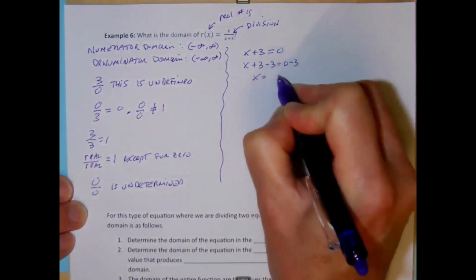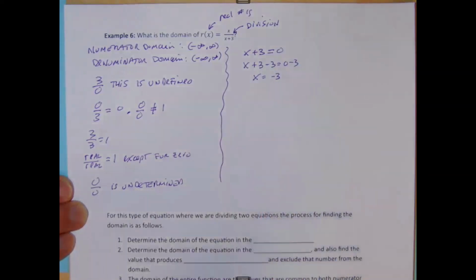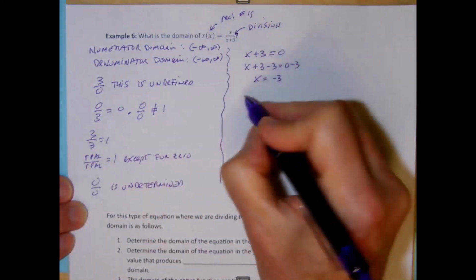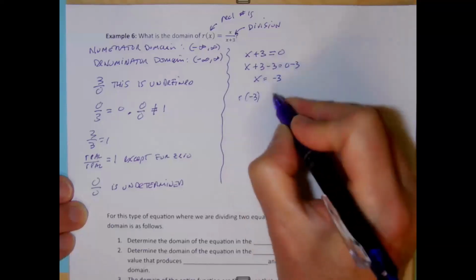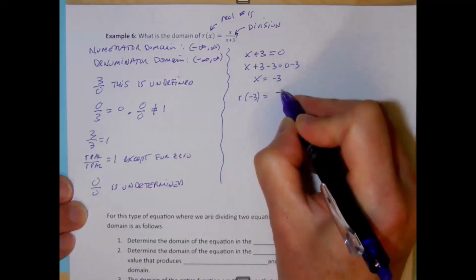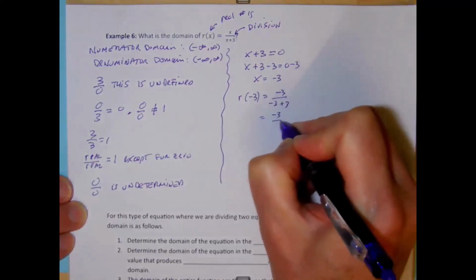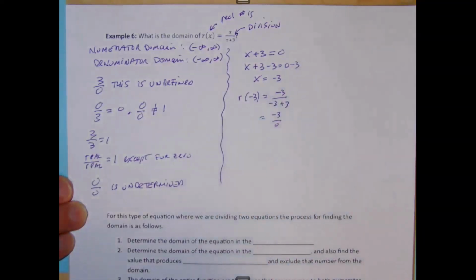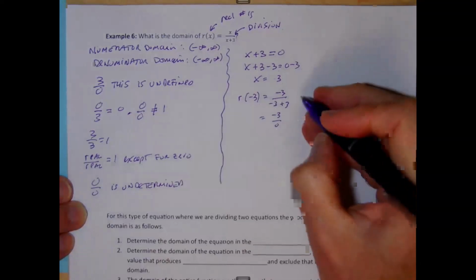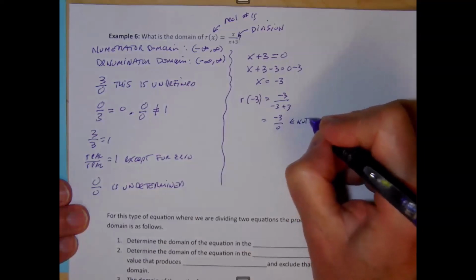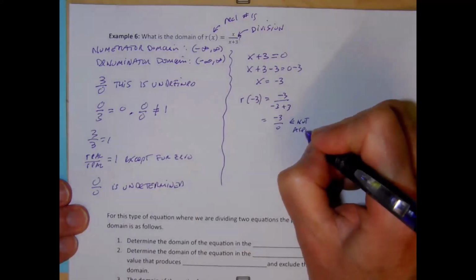And we get -3. So if I enter -3 into this, what happens? I get -3 plus 3, and I get the violation: -3 divided by 0, which is not a real number result.